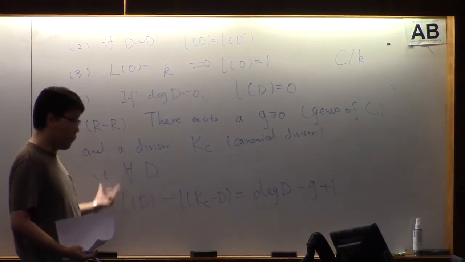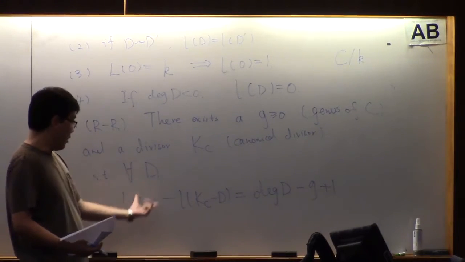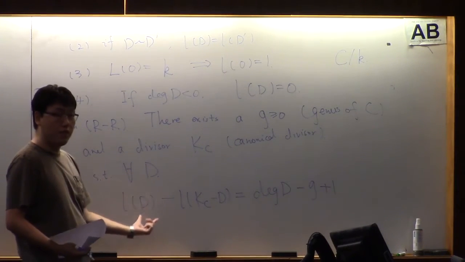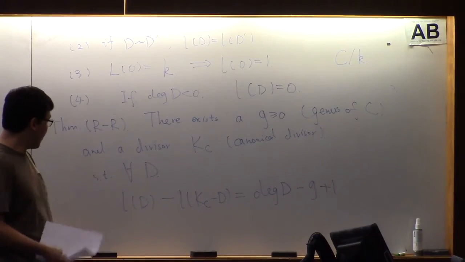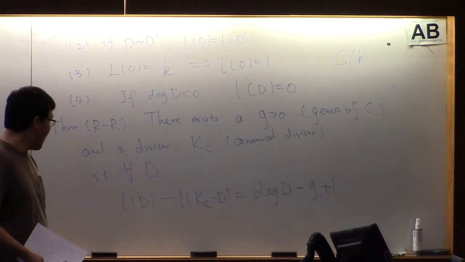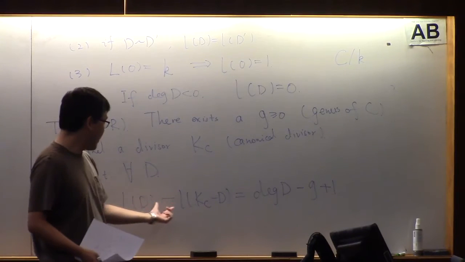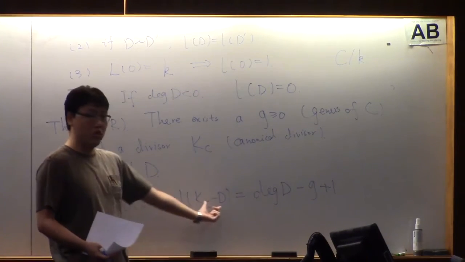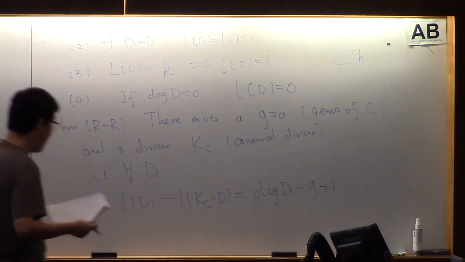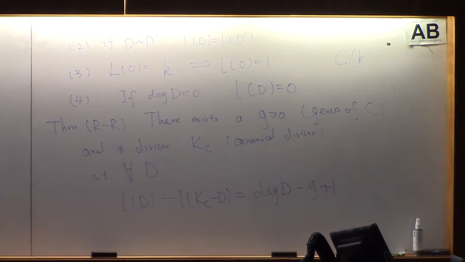It helps you to compute the dimension, this L(D), but actually, if D is not very special, you cannot compute it directly. You must relate this dimension with this dimension. But this theorem is good enough because it has some important corollaries.